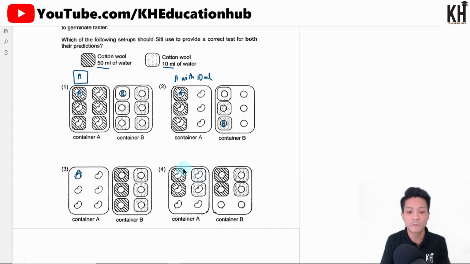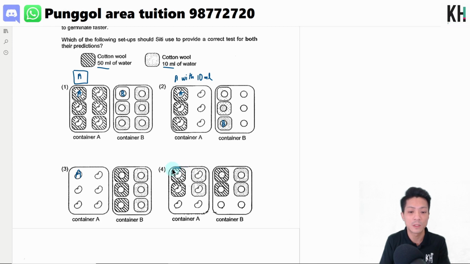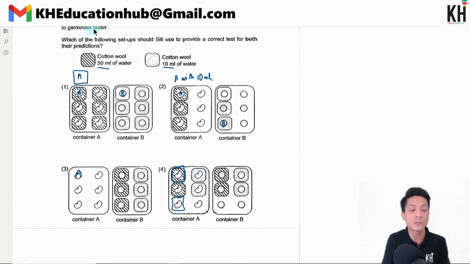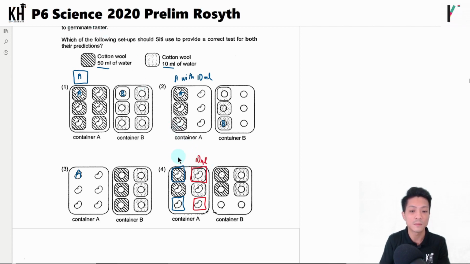Option 4 will have these 2 comparing A in 50, and I have also these 2. Let me try to use a different color. This is the 10 ml, this is the 50 ml.